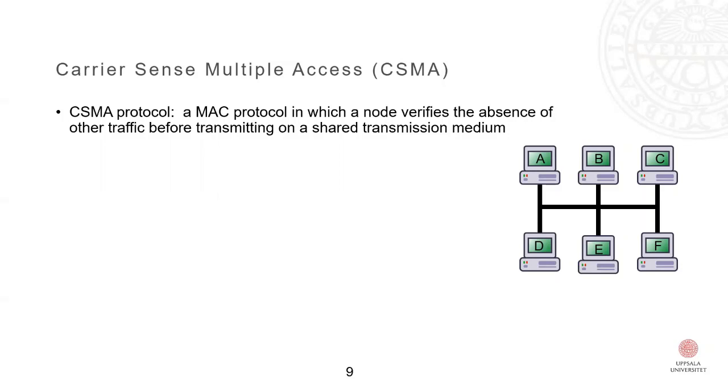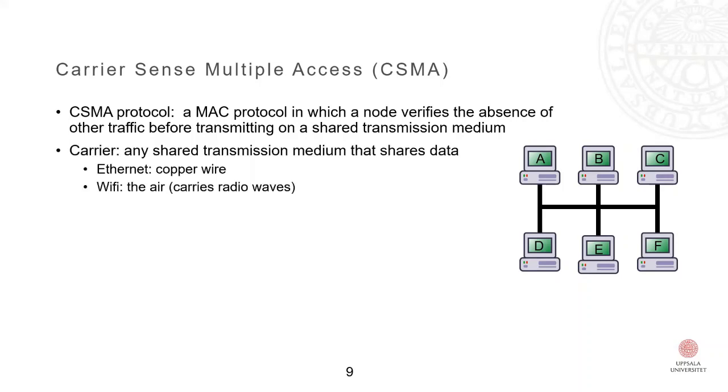It simply means that all the nodes connected to the LAN will check the carrier or transmission medium to see whether or not there are other signals on it. If there are other signals on it, it means that another computer is sending data. But if they see that no one is sending, then they can send their own data.